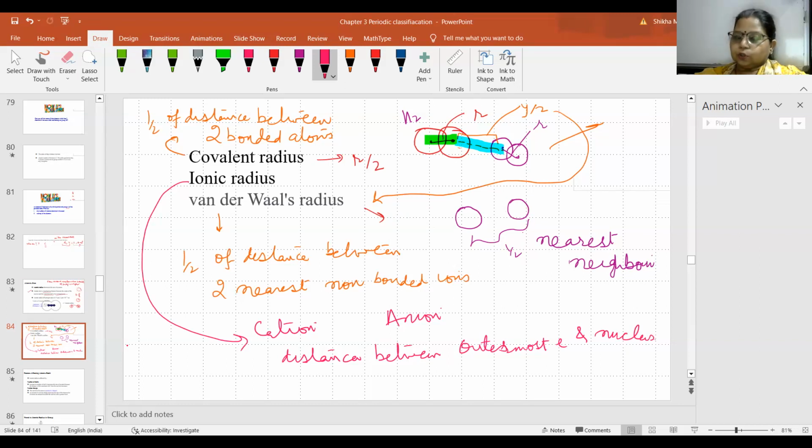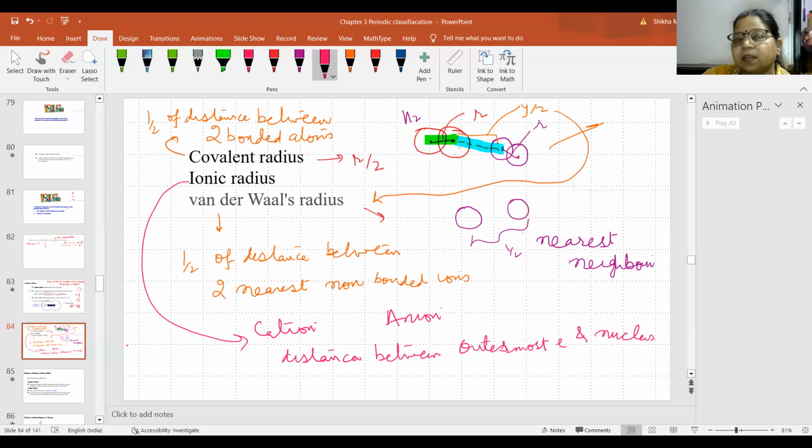So what we have understood for atomic size till now is that atomic size will be measured and compared in terms of atomic radius. An element can have more than one type of radius, which can be covalent radius, ionic radius, or van der Waals radius. The covalent radius is half of the distance between two bonded atoms, whereas van der Waals radius is half of the distance between two nearest non-bonded atoms.